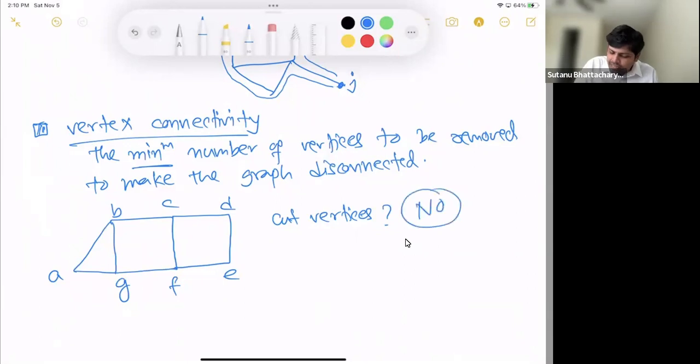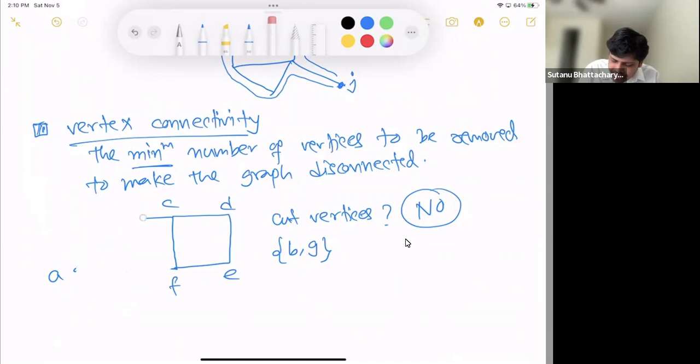But if you delete B and G both vertices and all incident edges on B and G, then the graph will become disconnected. Let's see. So you will remove B and G both. You will have A on one side and this part on another side.